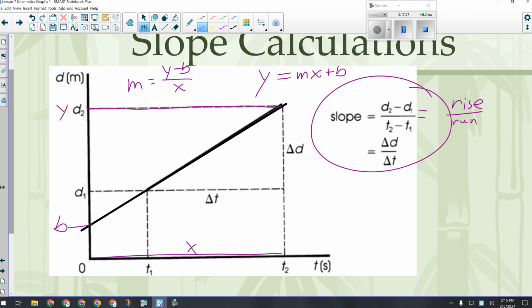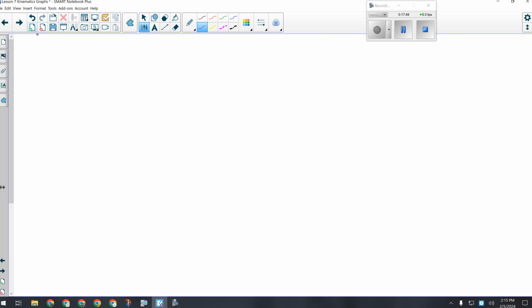So the thing to remember here, guys, is that on every graph, setting this up can allow you to figure out what the slope represents. Because on every graph, the slope represents something different. What you have to do is look at what's on each axis and figure out what it represents. So let's say, for example, I gave you a graph that looked like this.